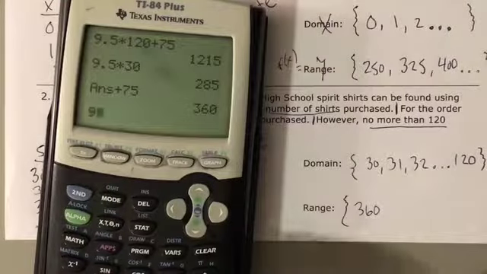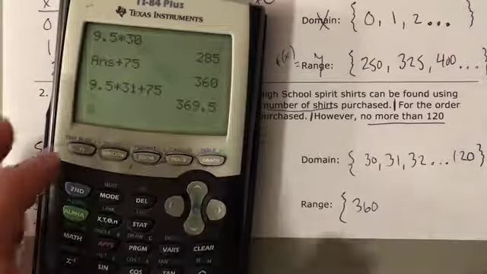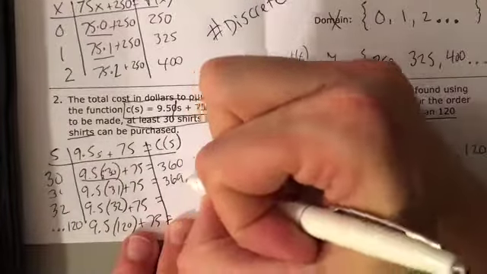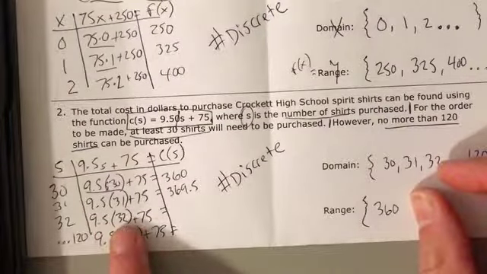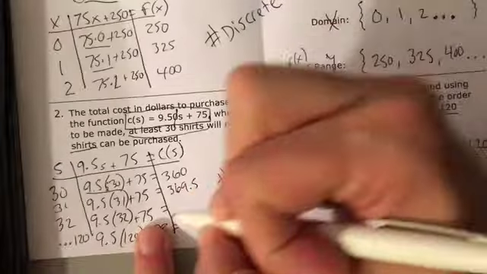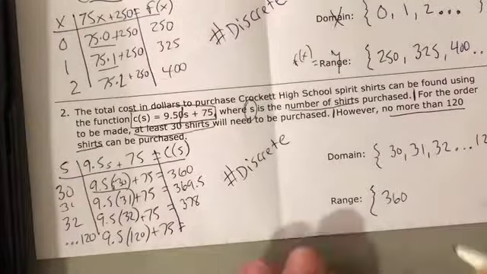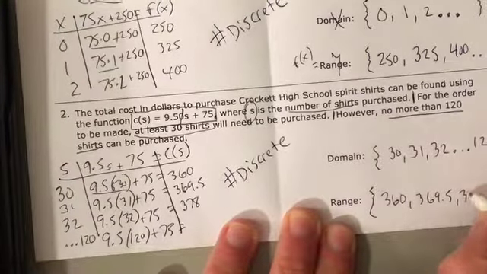If I did 9.5 times 31 plus 75, all I'm doing each time is adding another shirt. So 369.5. If I did 9.5 times 32 plus 75, I would add another 9.5, which would give me 378. All right, so I can just copy those down.